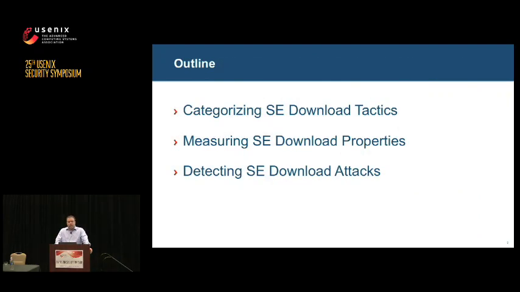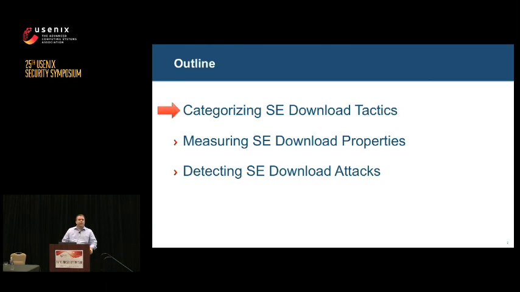Today I'm going to talk to you about the categorization of these social engineering downloads and the tactics used to trick users into downloading and installing these applications. Then we're going to measure some properties around the downloads. And I'll end the talk with some discussion on how to detect social engineering download attacks.